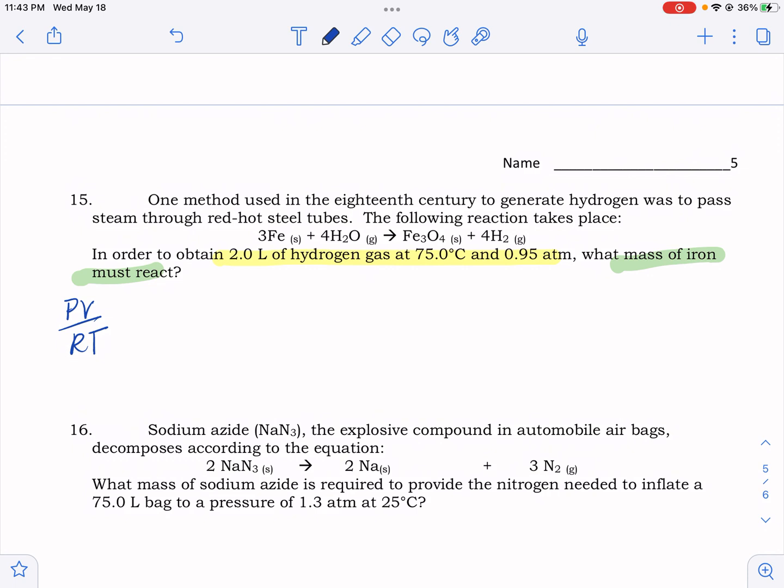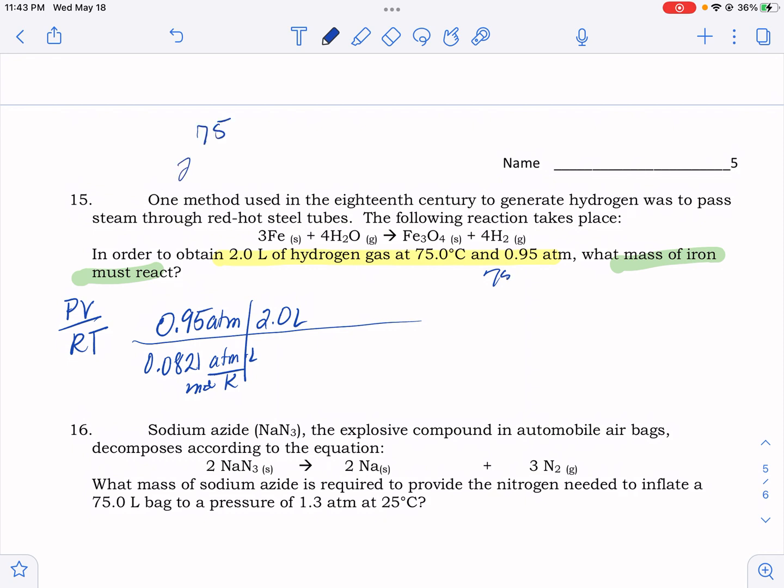The pressure is 0.95 atmospheres. The volume was 2 liters. R is 0.0821 atmospheres times liters over mole Kelvin. And temperature is 75, I'm going to write up here, 75 plus 273, 348.